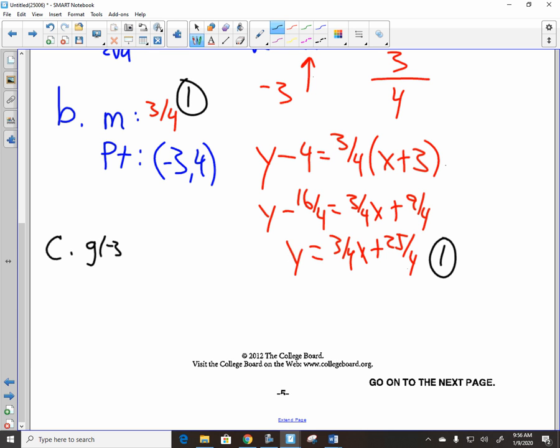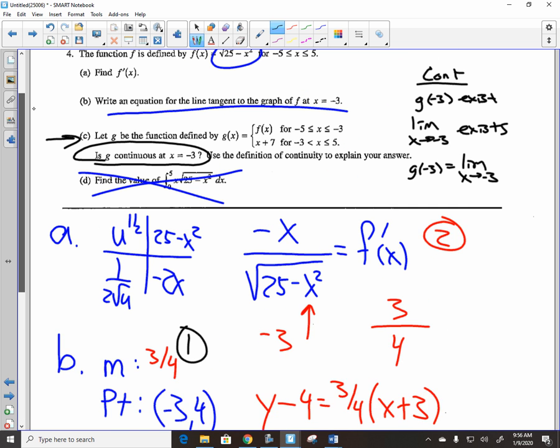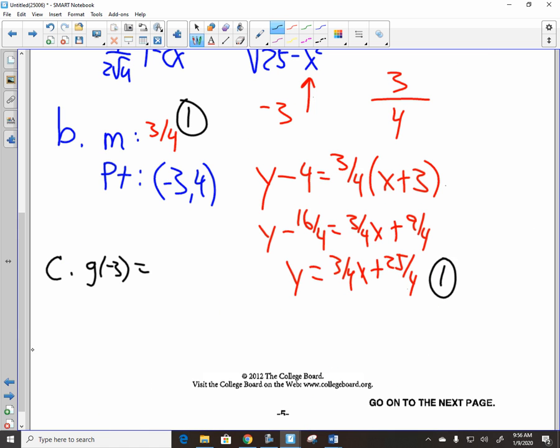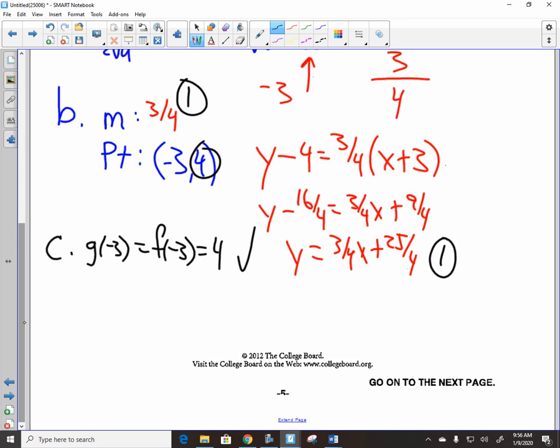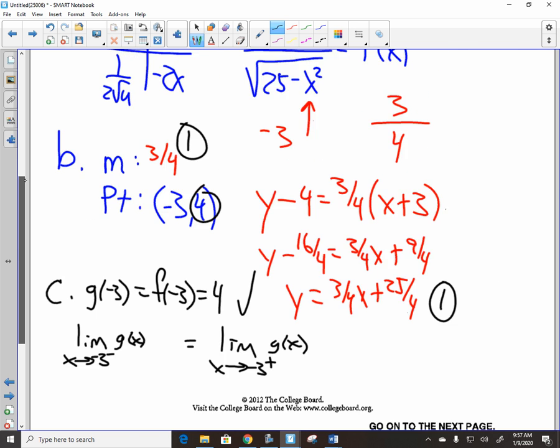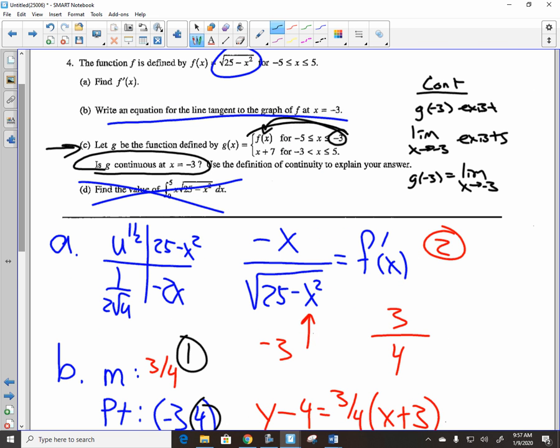G of negative 3. This one you can all do. Notice, in order to find g of negative 3, you take negative 3 and plug in for f. So we're looking at f of negative 3. You've already determined that. It came out to be 4. So check mark on the first one. Second one, in order for a limit to exist, the limit from the left must be the same as the limit from the right of the function. So we're going to check that. If you check the left part, you're looking at this.